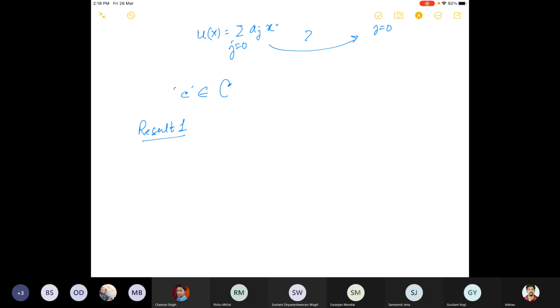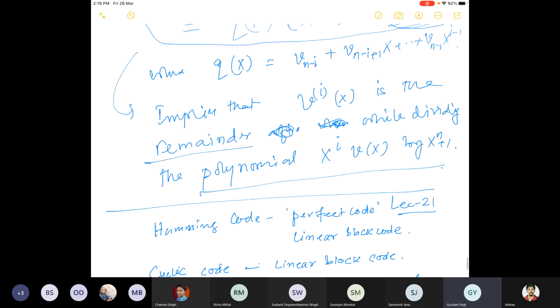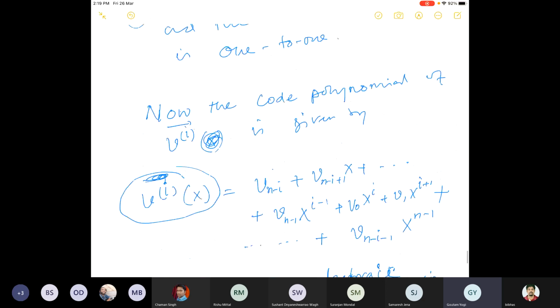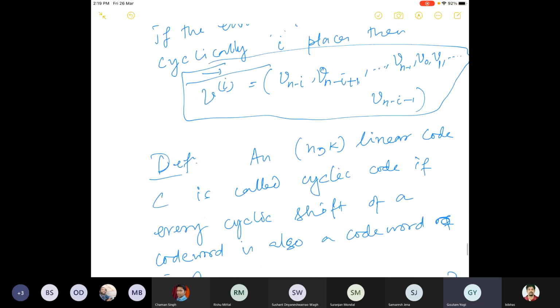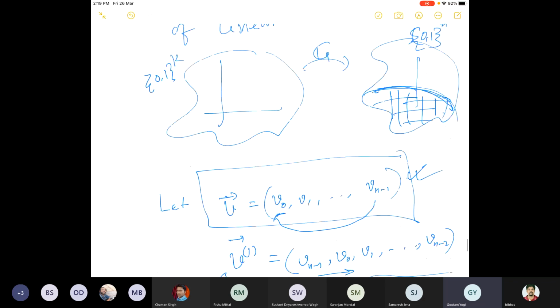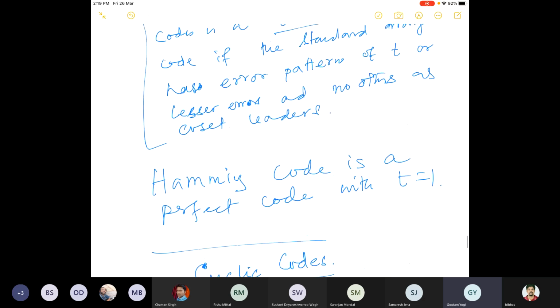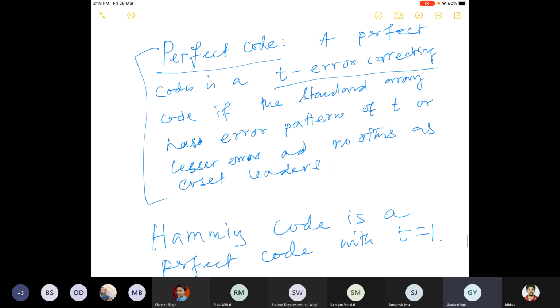Sir, I have one doubt related to coset. Yeah, tell me. Sir, since we declare a coset leader in a perfect code, which has weight less than or equal to t. My question is, is there only one sequence in each coset whose weight is less than or equal to t? Is it right or wrong? I didn't understand the question.